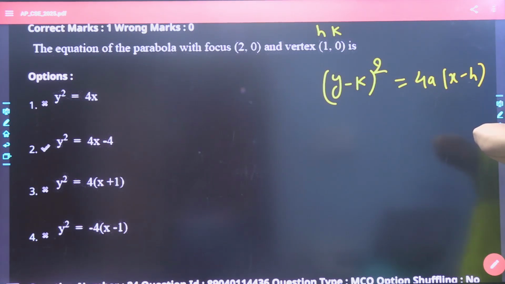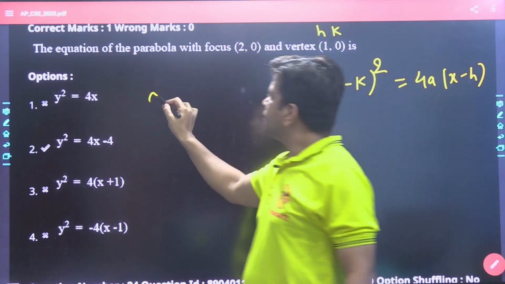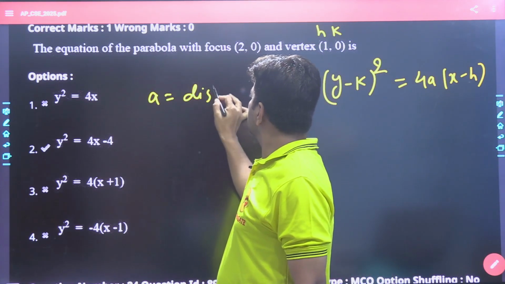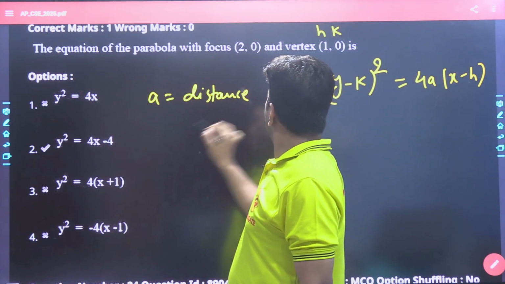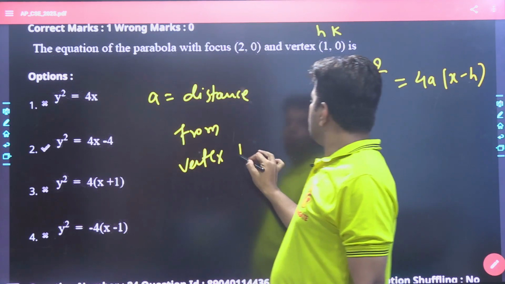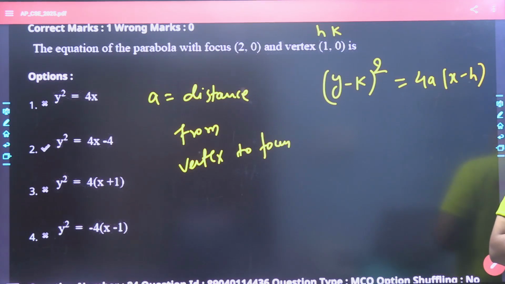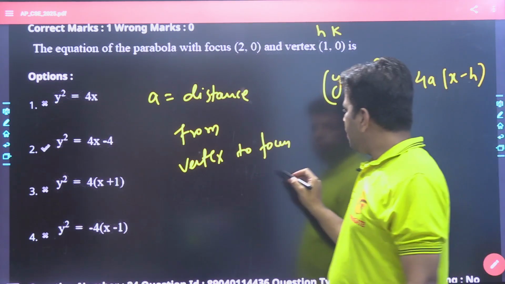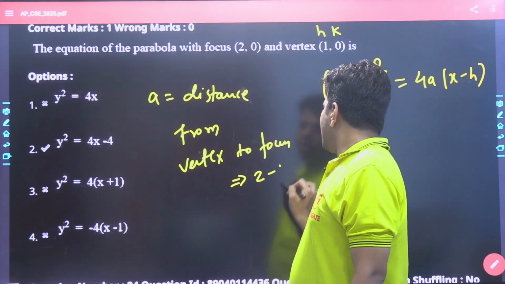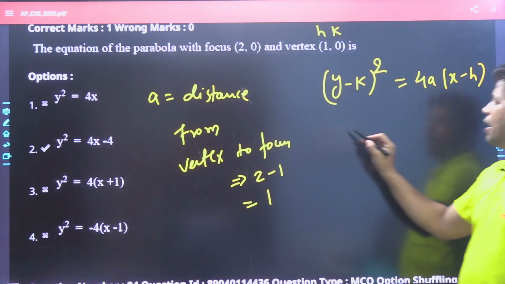And a is the distance from the vertex to focus. You can see vertex at 1 comma 0 and focus at 2 comma 0. So simply can we say that the distance is 2 minus 1, that is 1 only. So the value of a is 1. Just put that value.